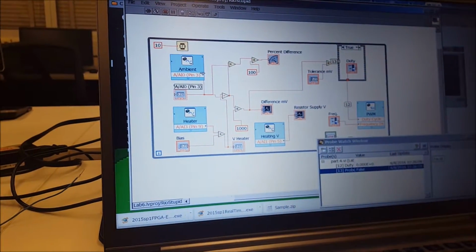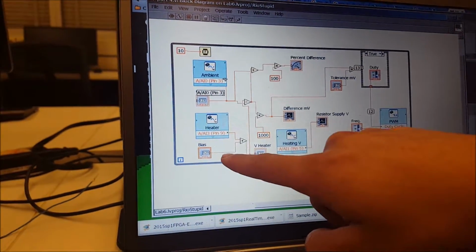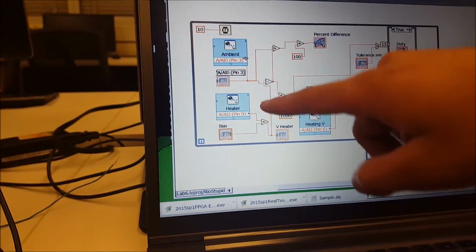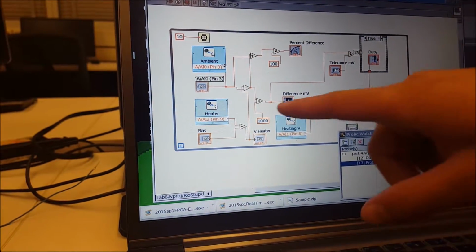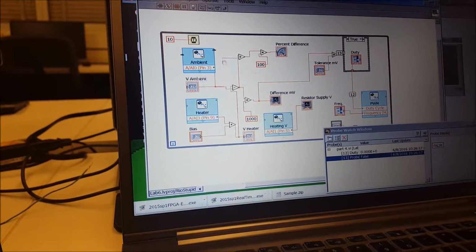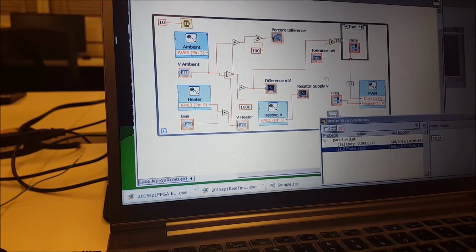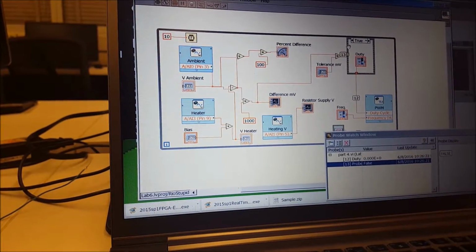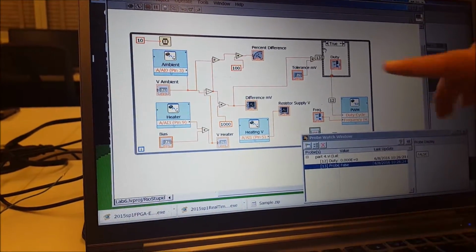One of the things we did is, because the transistors aren't always equal, we had a bias. This bias changes the analog voltage reading so that we could get them to 0 when they started. In this case, we used a case structure.